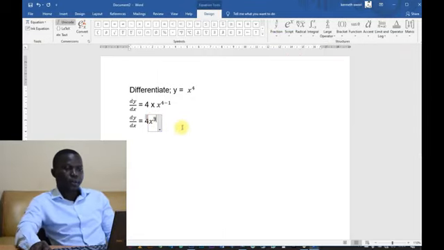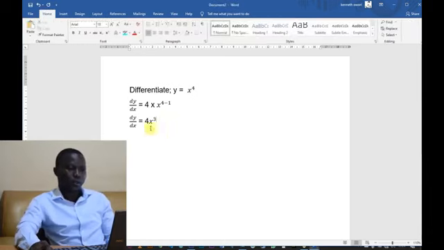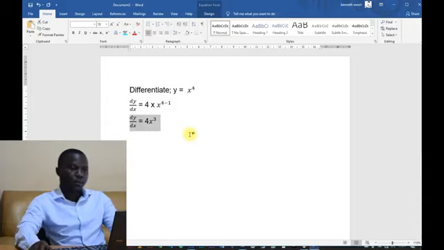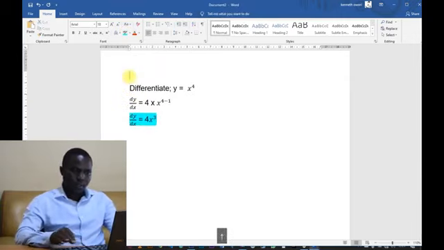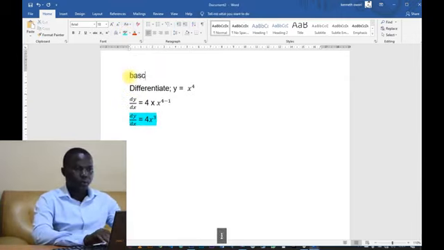Why? Because 4 minus 1, the power of 4 reduced by 1, you get 3. And this is how we come up with a derivative if you happen to differentiate x power 4. The derivative dy dx would be 4x cubed. That is how we deal with derivatives using the basic rule.